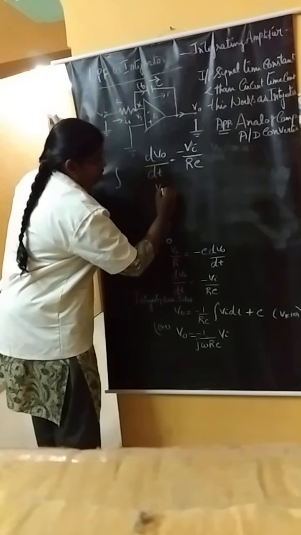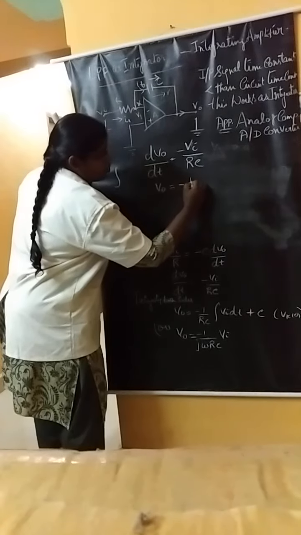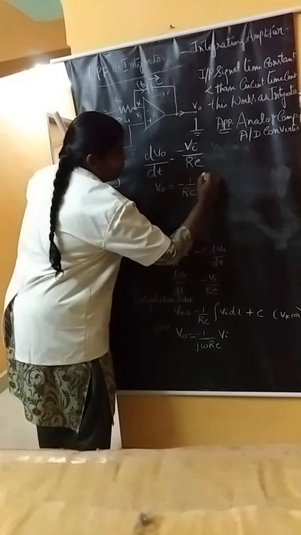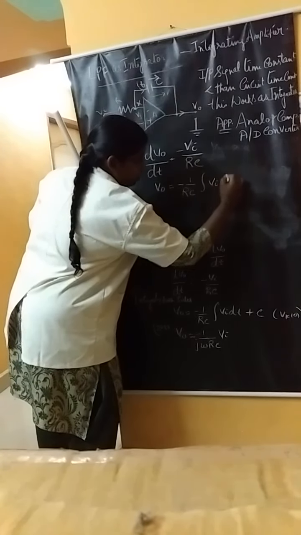Therefore, V0 equals minus 1 by RC integral of Vi dt.